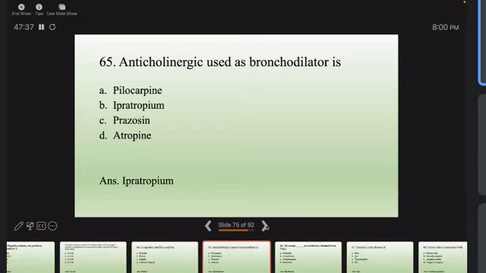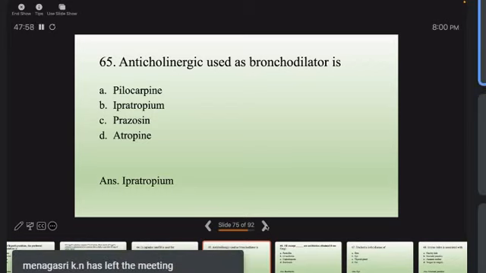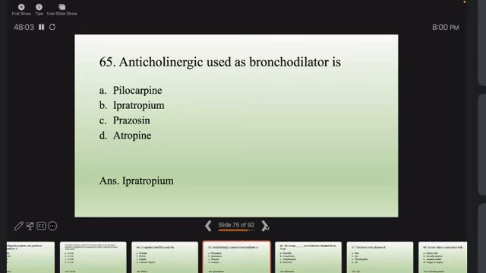Now tell me, ipratropium bromide, how is it available? As a tablet, or how? Solution. Nebulizer, yes. What form is it usually? Inhaler, yes.